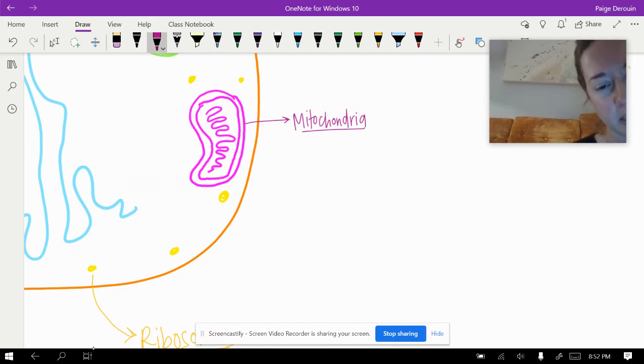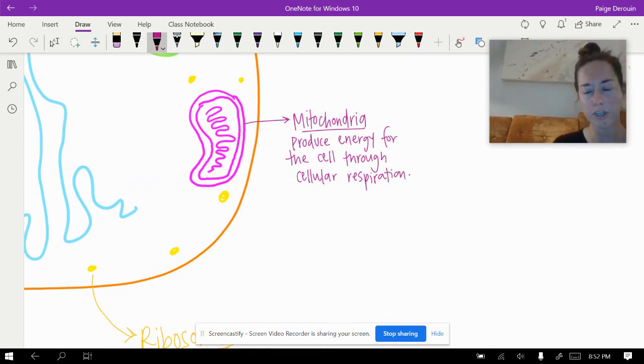Its job is to produce energy for the cell through cellular respiration, which is a process we'll talk about a lot more later on.